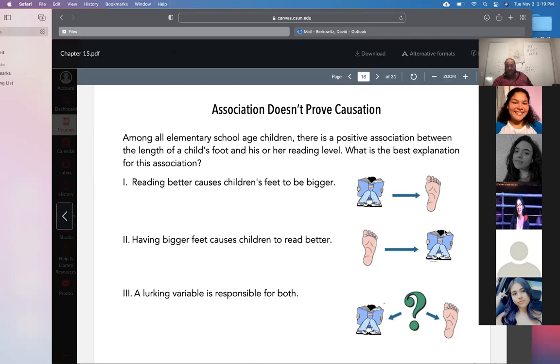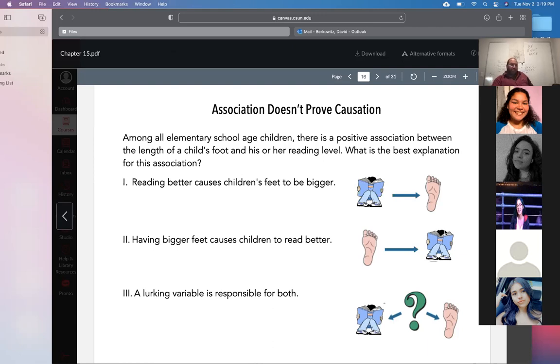Would that be a logical conclusion to the fact? It wouldn't be. That doesn't make sense. Does having bigger feet cause a child to read better in the first place? No. I would hope not. It doesn't really seem to make sense. But yet it's a statistical fact that children with bigger feet tend to read better.